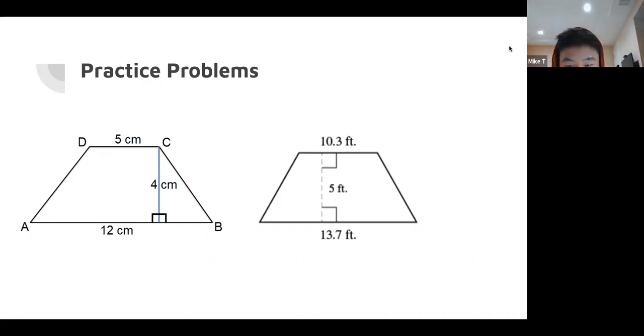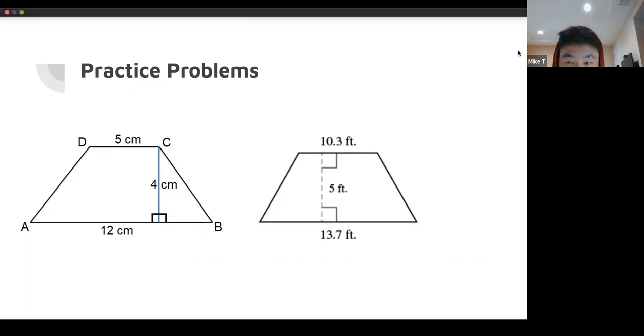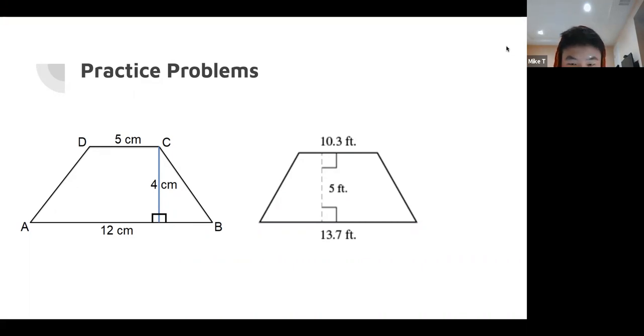So we add 13.7 with 10.3, and it is 24, I think. And just use 24 times 5 and divide by 2. And that should be the answer. Wait, let me calculate it really quick. 60.